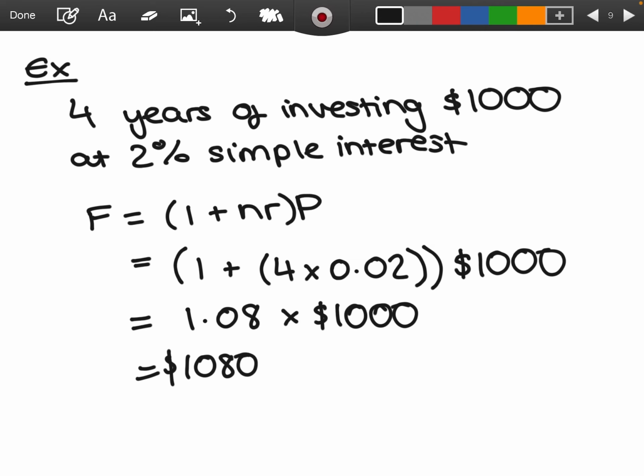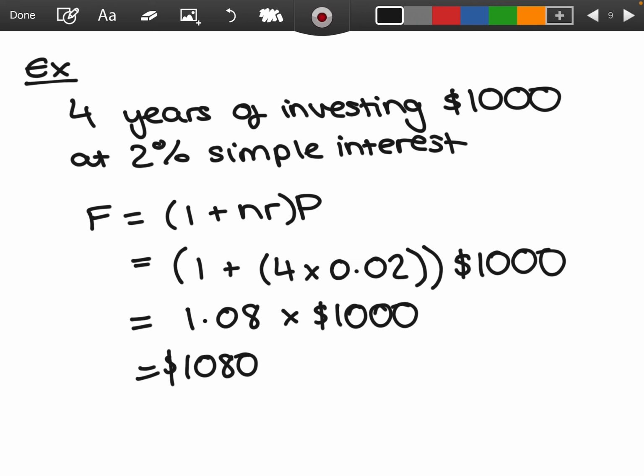So that tells me that every year I accrue 2% on $1,000. Okay, 2% of 1,000 is $20. I do that 4 times. I'm going to accrue $20 4 times, 4 years in a row. So it makes sense that I have $1,080.